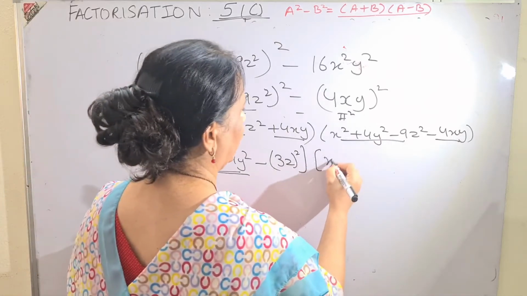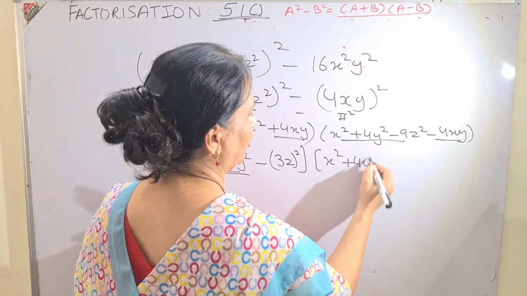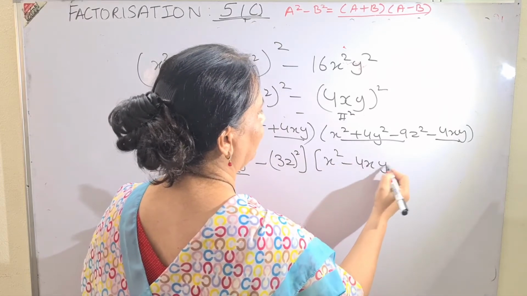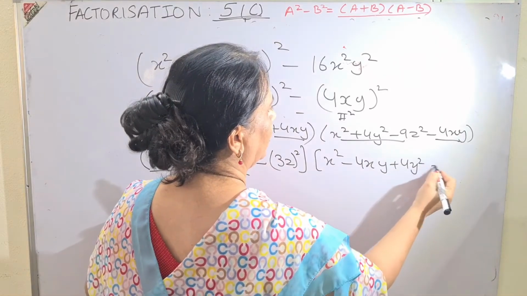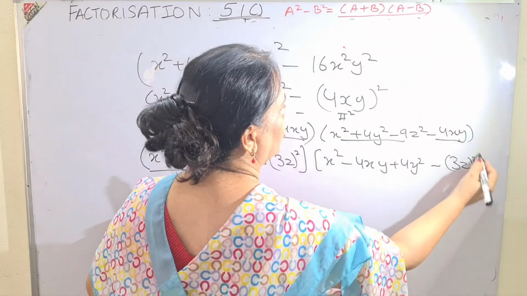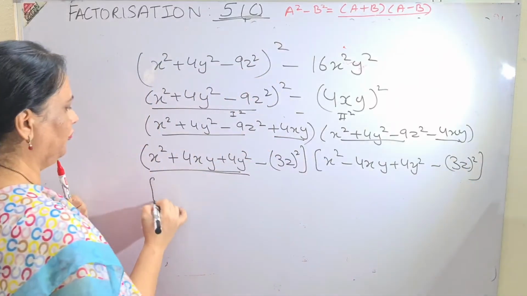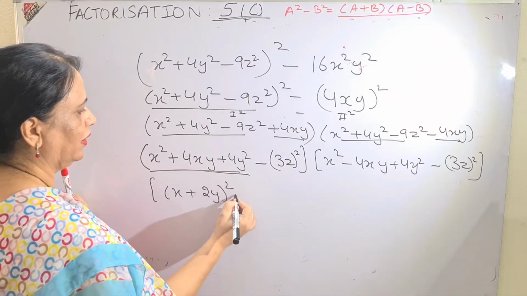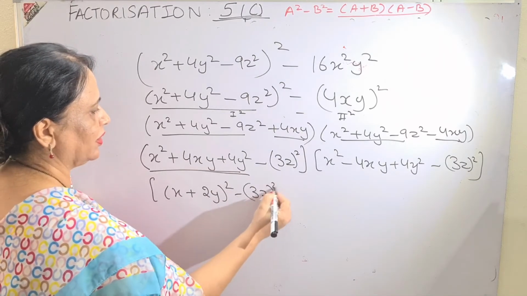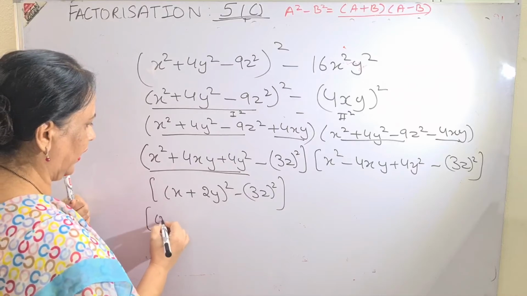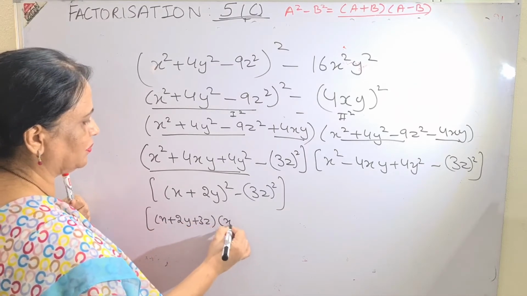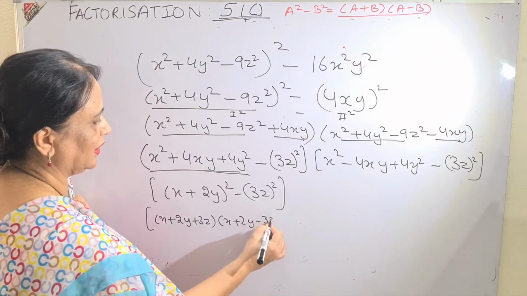Similarly here also, x square plus 4y square, or you write the mixed term in between, minus 4xy plus 4y square minus 3z whole square. So this will be x plus 2y whole square minus 3z whole square. Again, x plus 2y plus 3z, x plus 2y minus 3z.